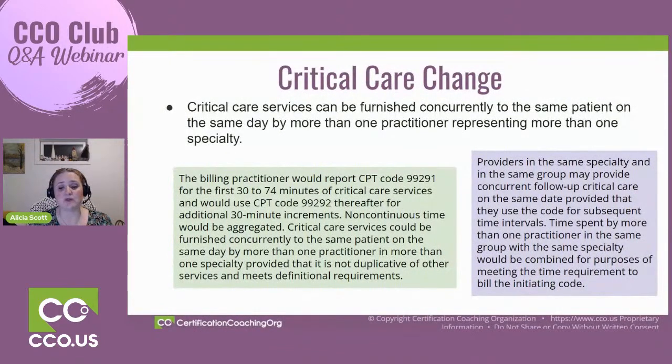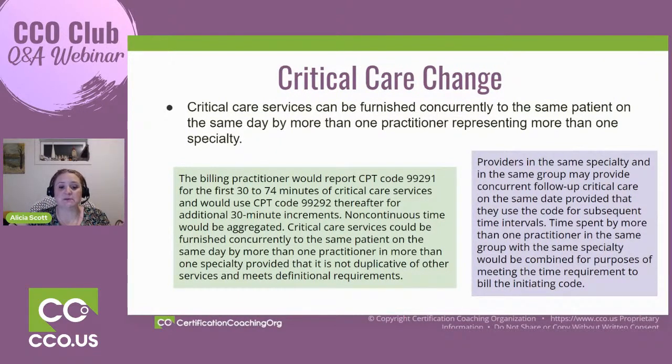Time spent by more than one practitioner in the same group with the same specialty would be combined for purposes of meeting the time requirement. In other words, you can add that time together. So Dr. Feelgood comes in and spends 80 minutes with the patient. And then Dr. Slaughter comes in later that afternoon and spends another 30 minutes.